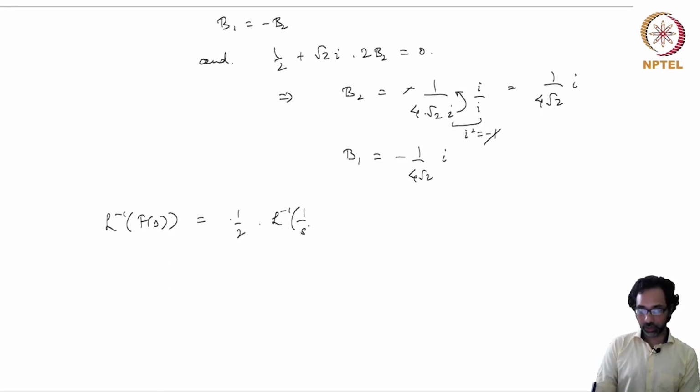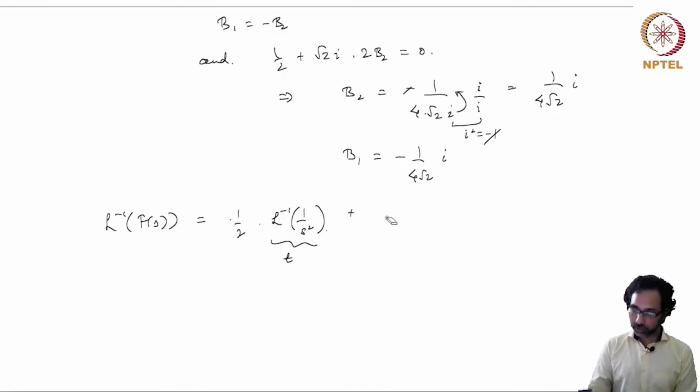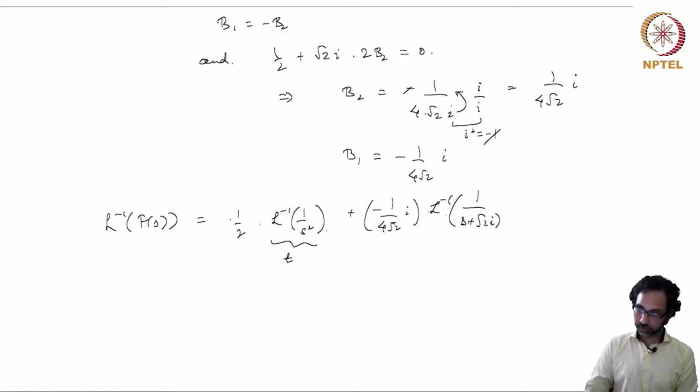L inverse of 1 over s squared, so this is simply t, and then you have b1, which is minus 1 over 4 root 2 times i, and then you have L inverse of 1 over s plus root 2i, and then again you have plus 1 over 4 root 2i L inverse of 1 over s minus root 2i.